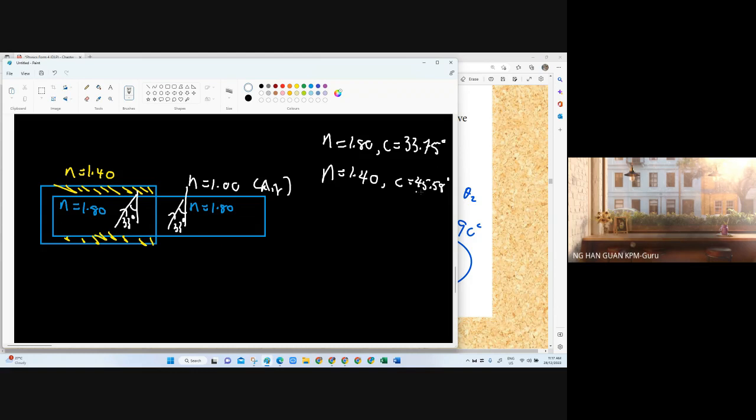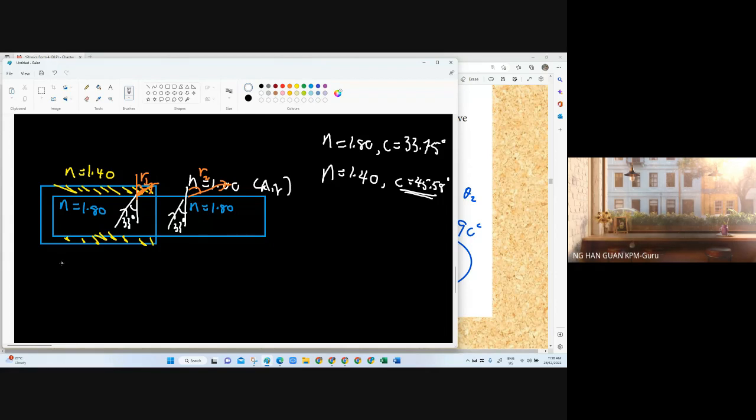Anyway, the critical angle of n equal to 1.4 actually is not important for us. We just want to know what happens without the outer cladding compared to with the outer cladding. In this case, the angle deflected away here, the angle out here, compared to this angle deflected away here, the angle out here. So now we want to know R1, R2, what happens with and without the outer cladding.